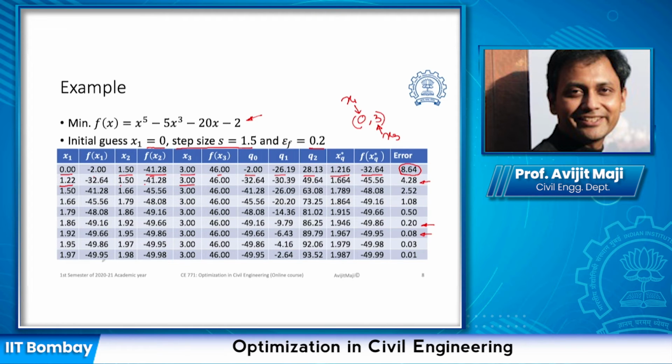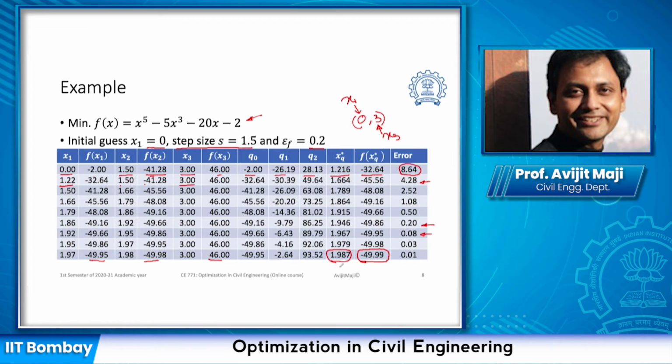So we can see that the objective function value at x1 is negative 49.95, x2 is negative 49.98, x3 is 46, and this new point, it is negative 49.99. So this is the best point.